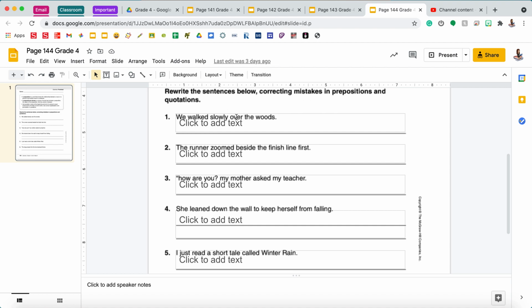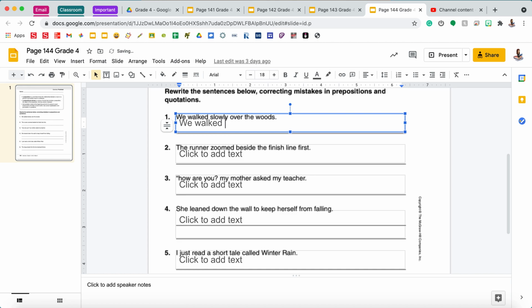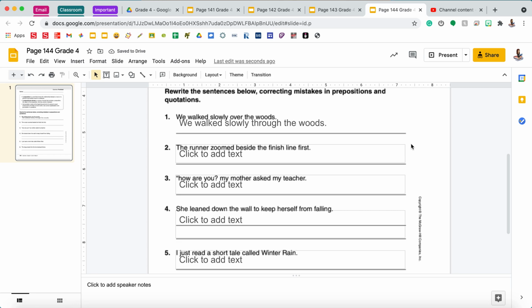Over is a preposition in here. However, it doesn't make sense. So I need to change that to something else, and I'm going to change the preposition over to through. We walked slowly through the woods. You will finish up this page making corrections.